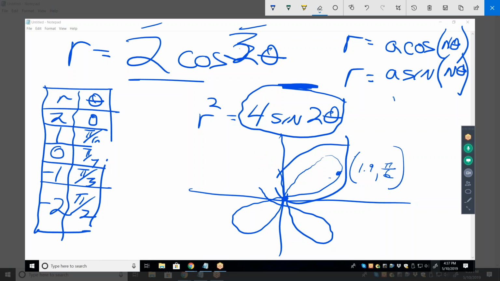In other words, that's what it's actually showing for this equation, a 2-looped petal. And that's because we're taking the square root of it. In other words, we're not in this form up here.